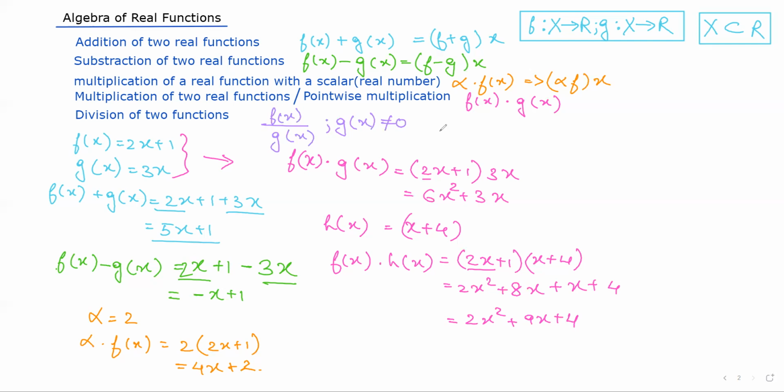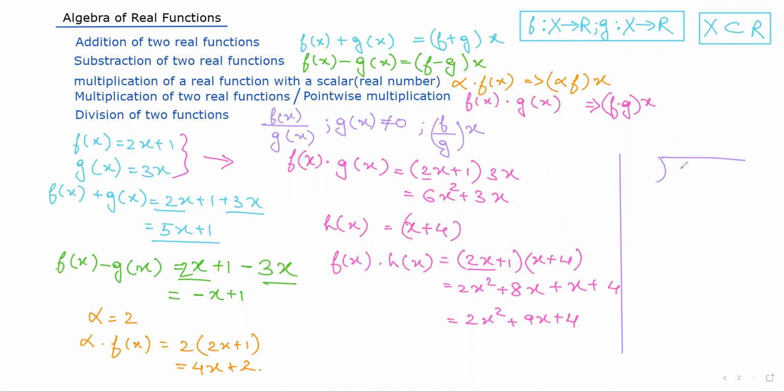So division can be written in combined form as f upon g of x, and the multiplication can be written as f into g of x. So division, f of x upon g of x, g of x not equal to 0. This can be done by using the division method. So you are dividing f of x by g of x.